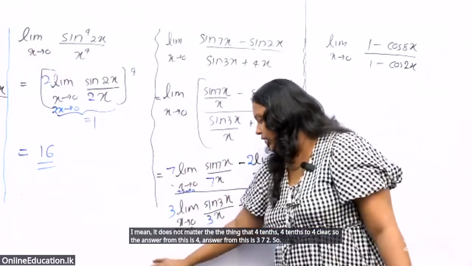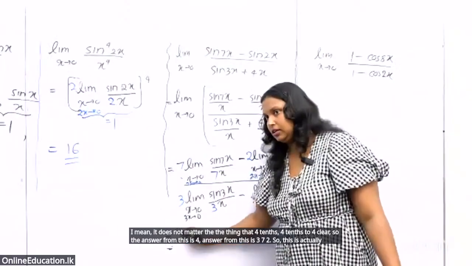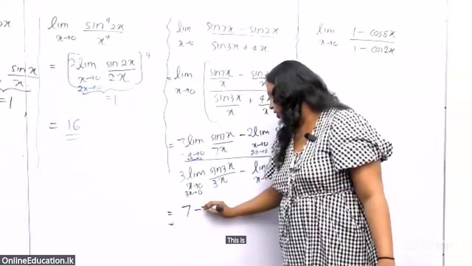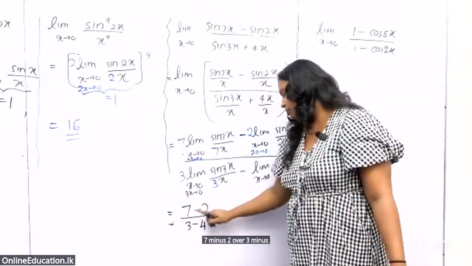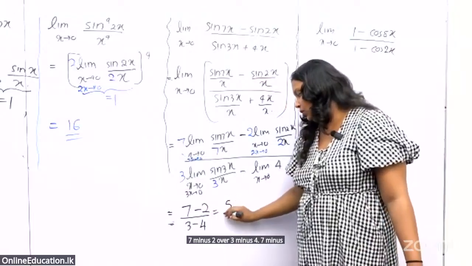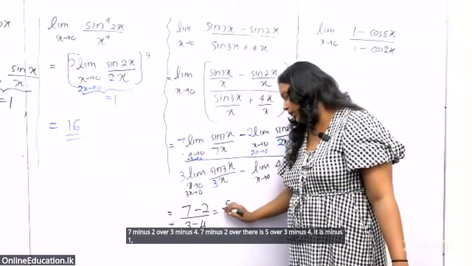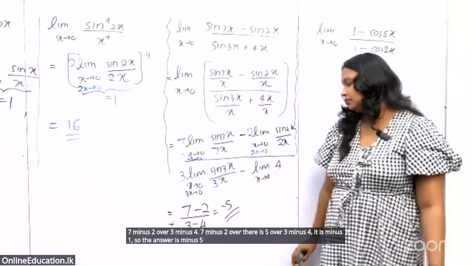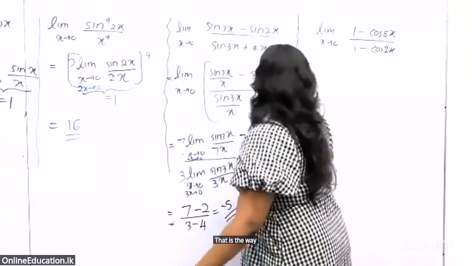So this is actually 7 minus 2 over 3 minus 4. 7 minus 2 is 5 over 3 minus 4, which is minus 1. So the answer is minus 5. That is the way we get it, right?